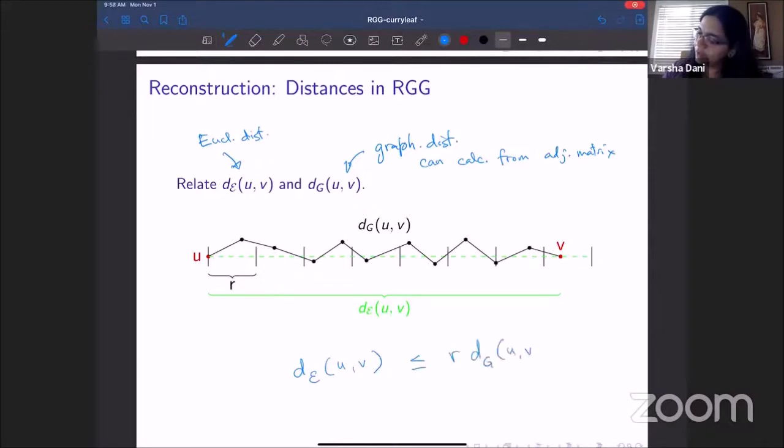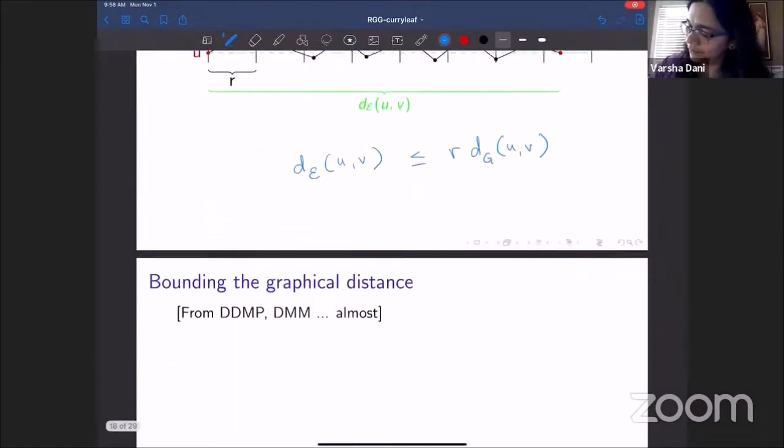Why? Because each of these edges was at most r, and there are that many of them, and if they were all exactly r, and in a straight line, that would be the Euclidean distance, right? And the Euclidean distance is providing a shortcut, so this direction's easy, okay?